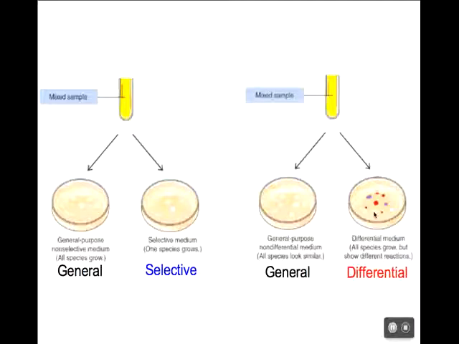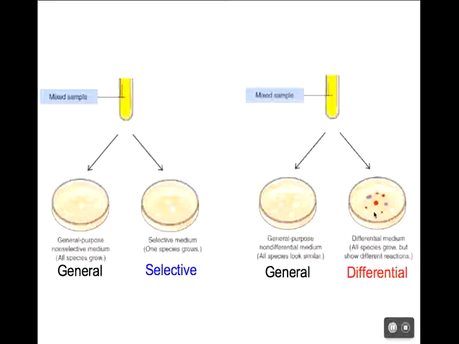Now, I want to go through a little practice using these terms. Before we start this, I want you to jot down somewhere next to you. As we go through these different descriptions of media, I want you to practice identifying if this is a synthetic media, a complex media, is this an enriched media, is it selective, and is it differential?